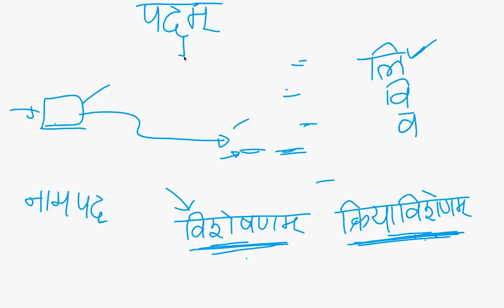That is called padam. At the high level, there are only two types of pada in Sanskrit language. One is nama padam, other is kriya padam. There is nothing else. This is at the high level.